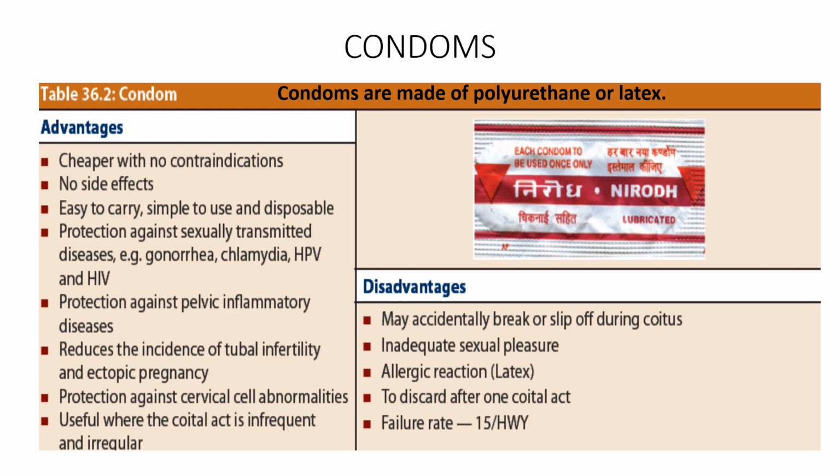Most commonly used method is the condoms. Condoms are made up of polyurethane or latex. Now there are a few advantages and disadvantages of each and every method. So the advantages: it is cheaper, no side effects, easy to carry, and most importantly, it also gives protection against sexually transmitted diseases like gonorrhea, chlamydia, HIV, HPV, and also pelvic inflammatory diseases.